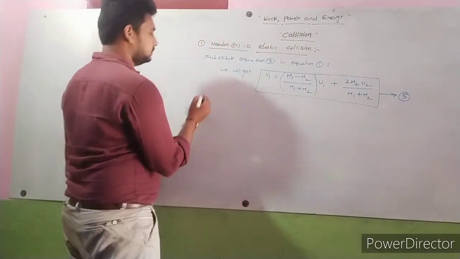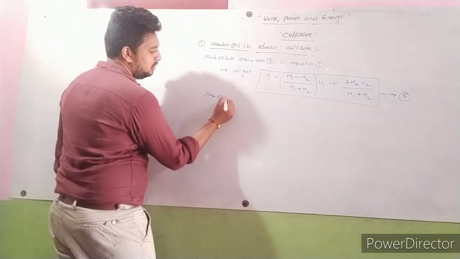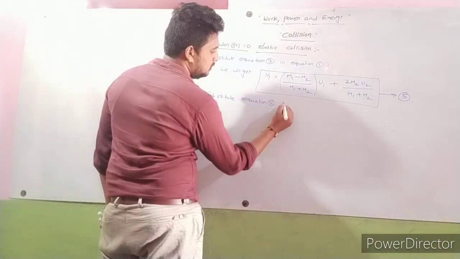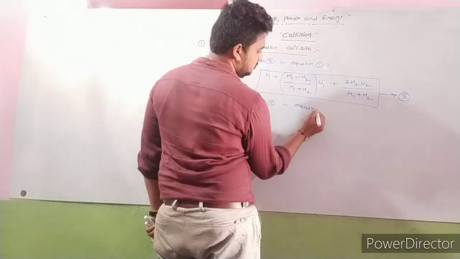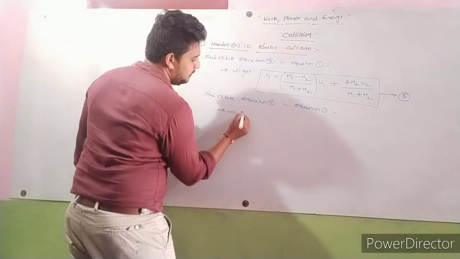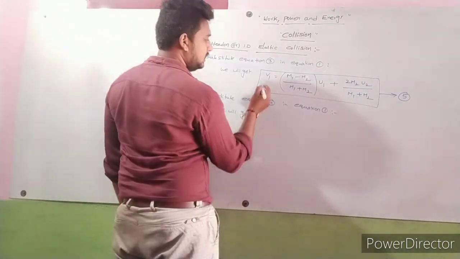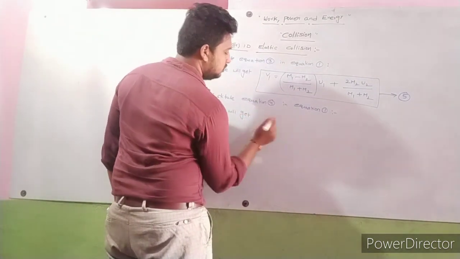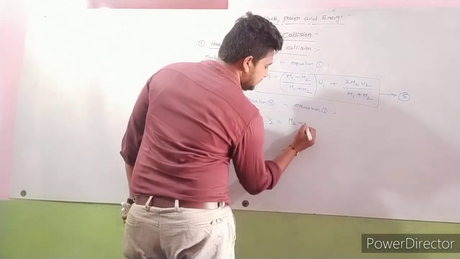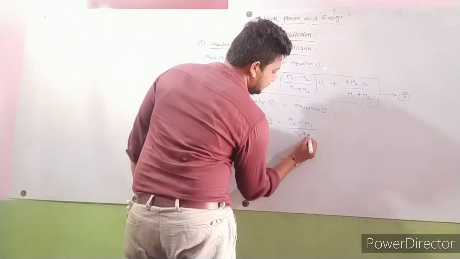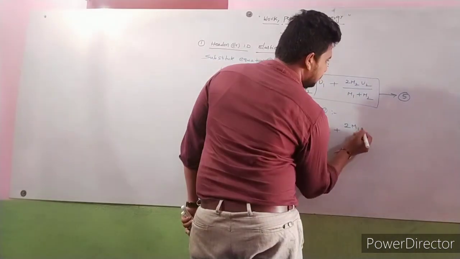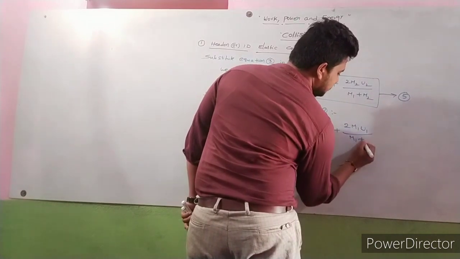Next, substitute equation 4 in equation 1. We will get v2 is equal to (m2 minus m1) by (m1 plus m2) into u2, plus 2m1 u1 by (m1 plus m2).